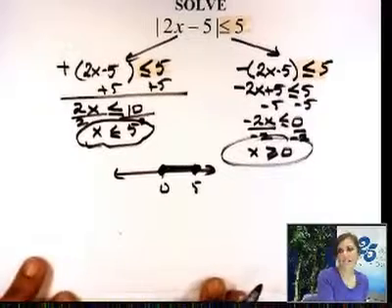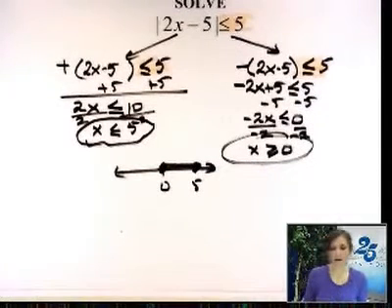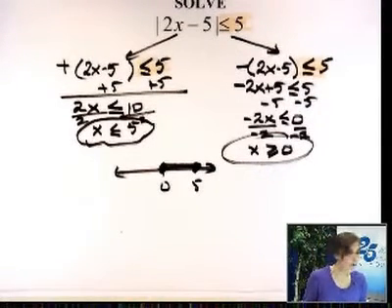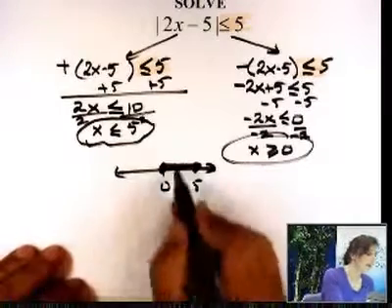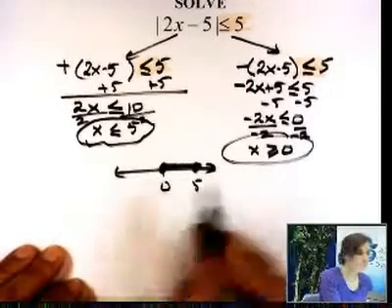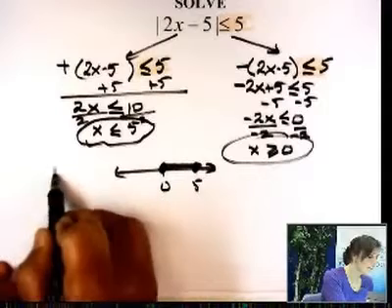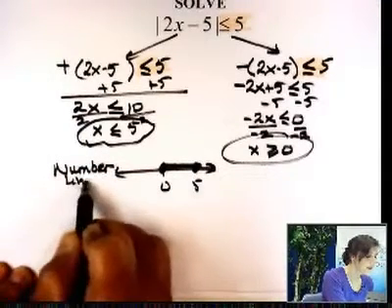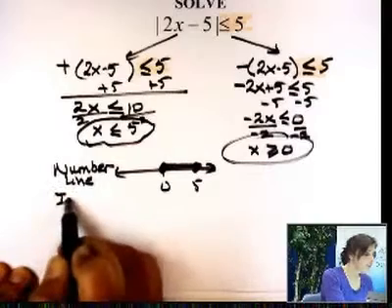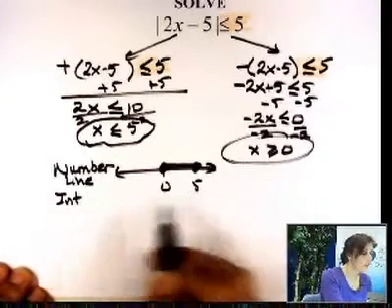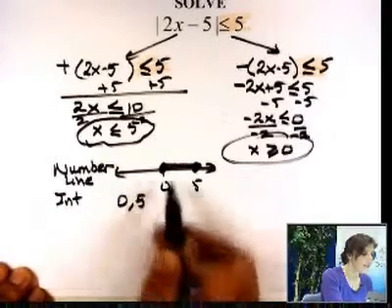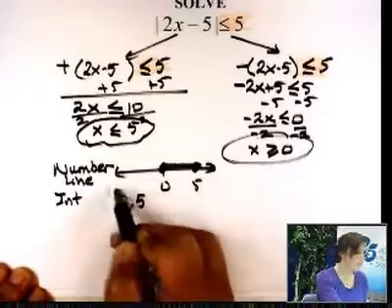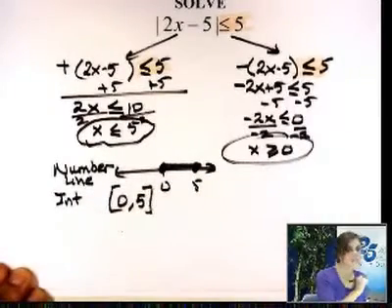Now, if I want to write the same things, this may be a good moment to review the interval notation. How am I going to write this in interval notation? This one is the number line. The interval notation will say small on the left, big on the right. And since they are both black dots, I'm going to put brackets.